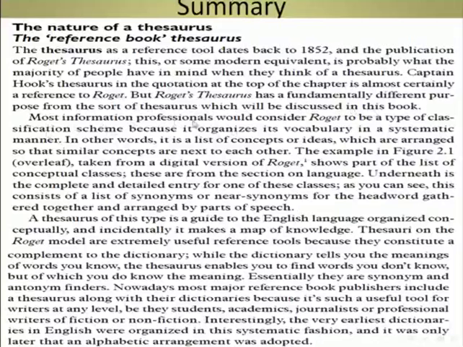Most information professionals would consider Roget to be a type of classification scheme because it organizes its vocabulary in a systematic manner. In other words, it is a list of concepts or ideas which are arranged so that similar concepts are next to each other.